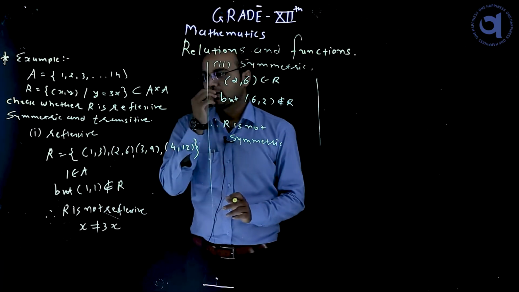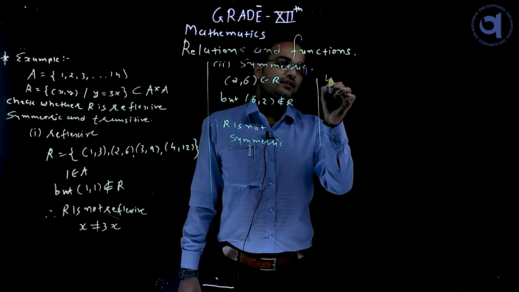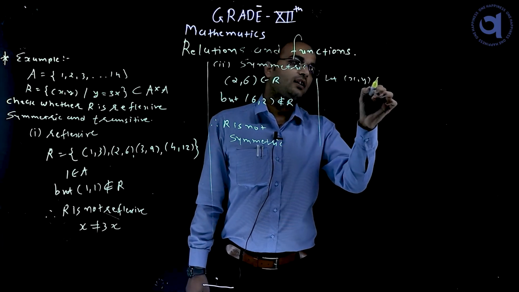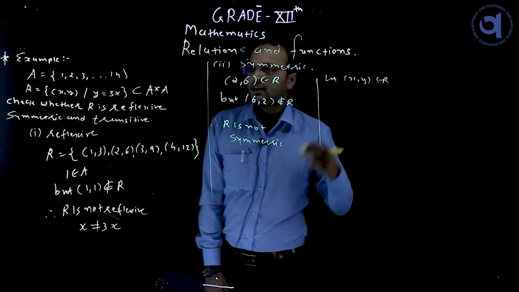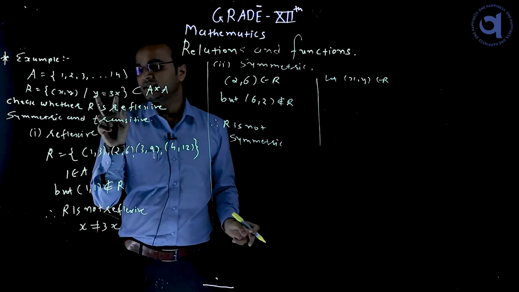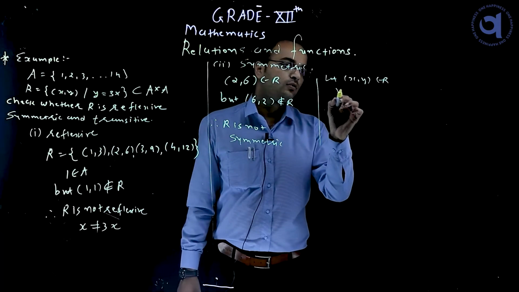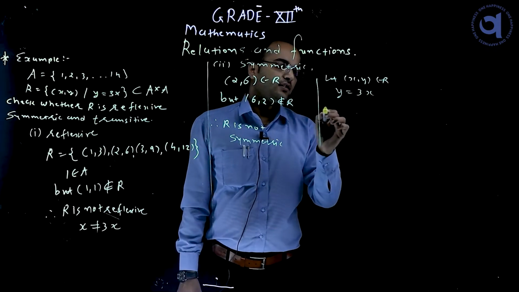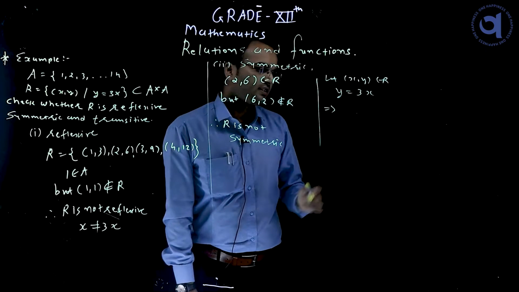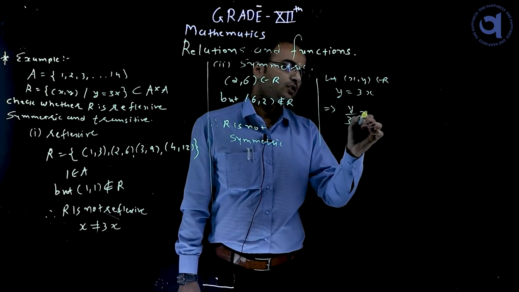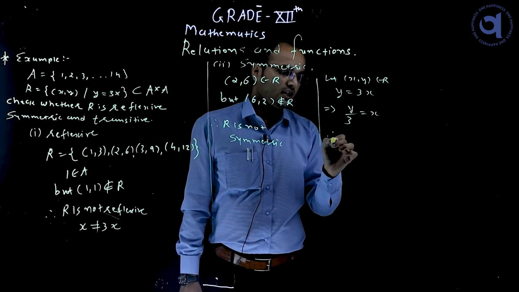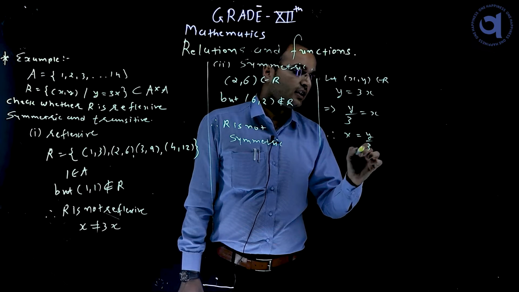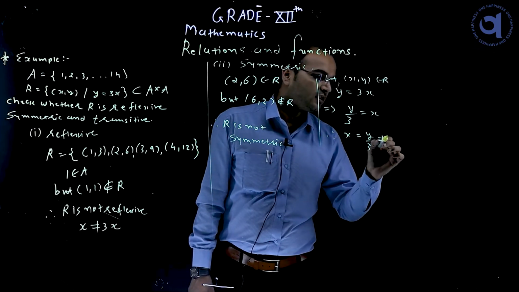Okay, and this is a particular thing, we gave the example. Now what is the general thing? Let x comma y belong to R, this ordered pair in relation, and that's why these two elements are related by this relation, y equal to 3x. So this implies, divide by 3 on both sides, we get y by 3 is equal to x, and therefore x equal to y by 3, and it is not equal to 3y.